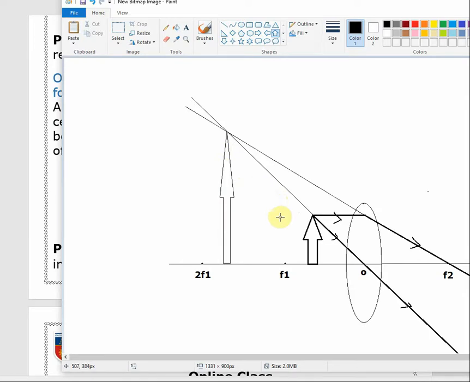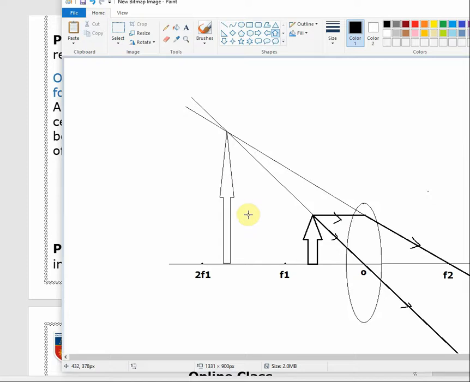What happens in this case, we can see the image is larger than the object size. Since we have drawn it from virtual lines, it will be a virtual image. It's virtual, it's highly enlarged, and also it is an upright or erect image. Why erect? Because the object is standing up, the image is also standing up. In all previous cases we had the images inverted and real.